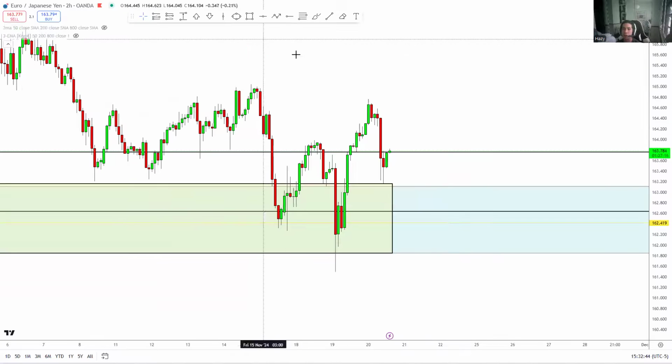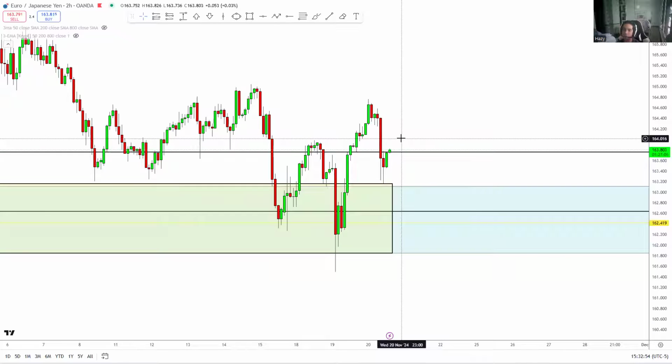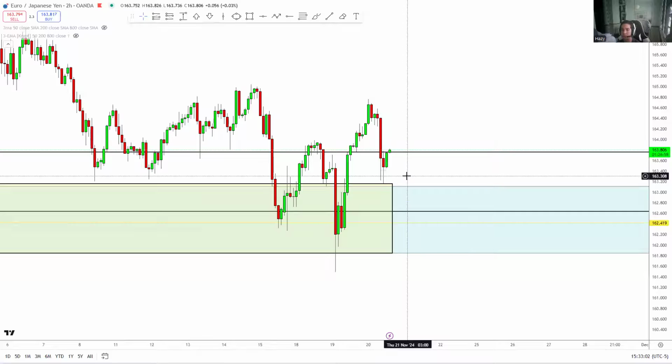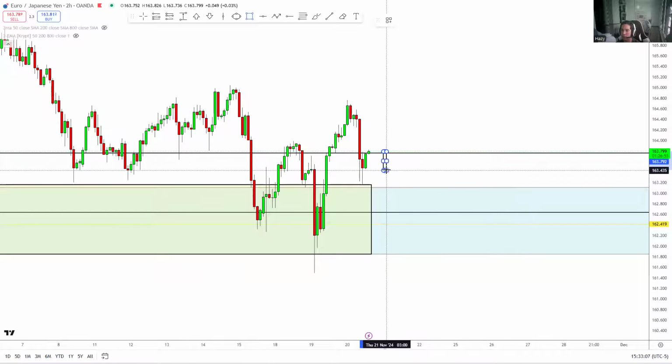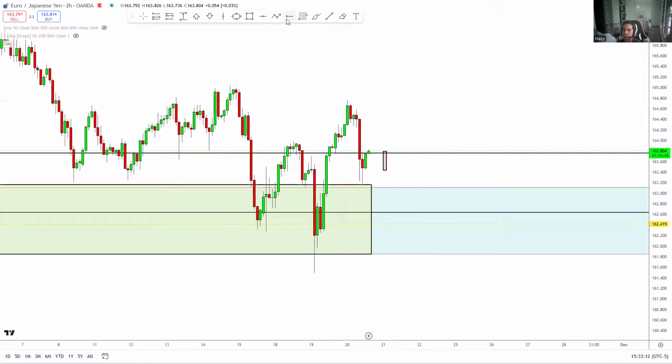Since we are bullish on the 2 hour, I'm just waiting for price to give us a bearish candle and then a bullish engulfing, and right off that I'll be entering, or give us simply a bullish variation pattern. In this case, it's going to be a red candle, let's say another red candle, or let's say a bullish candle.